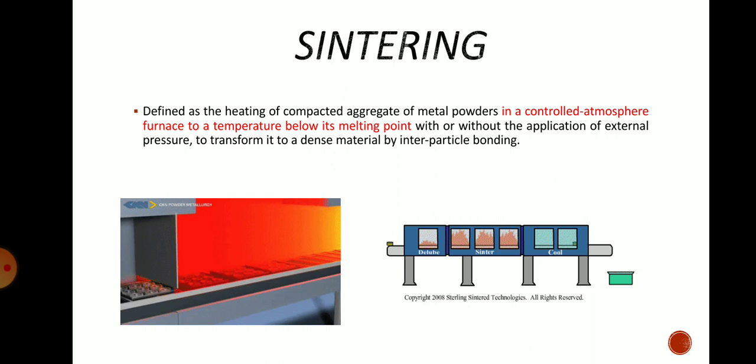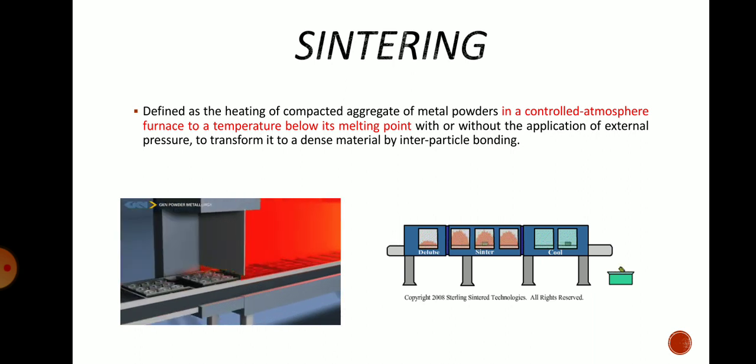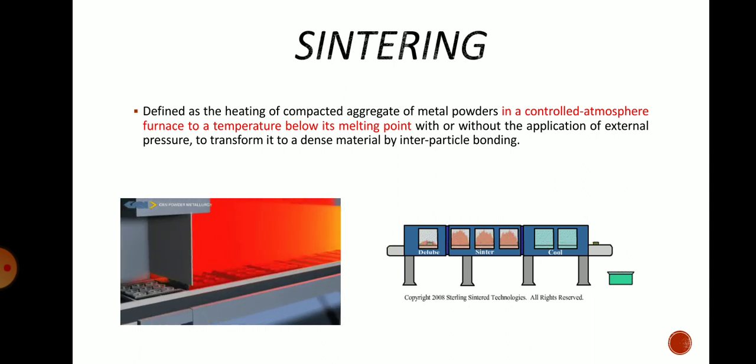We will see now the definition of sintering. It is defined as the heating of a compacted aggregate of the metal powder in a controlled atmosphere furnace to a temperature below its melting point, with or without application of external pressure, to transform it to a dense material by inter-particle bonding.